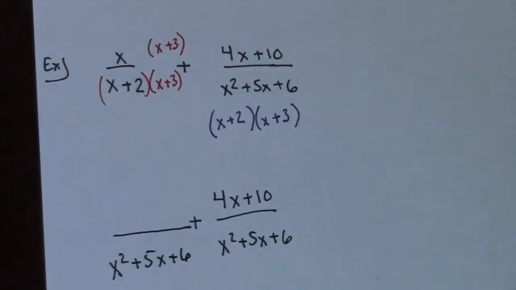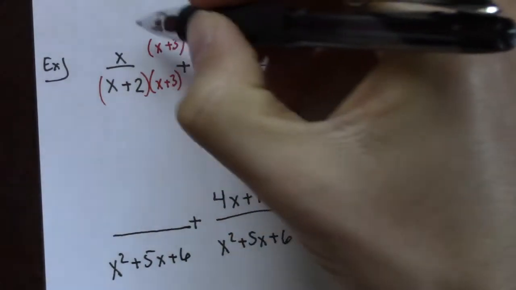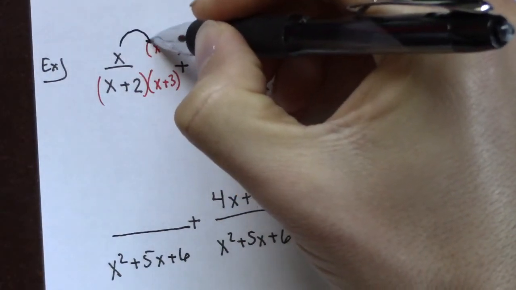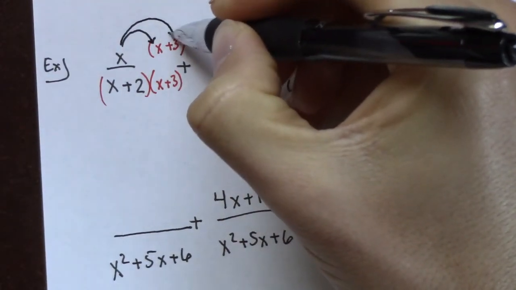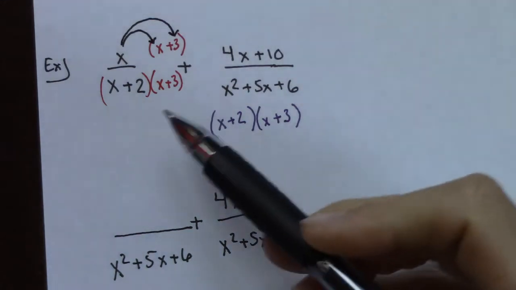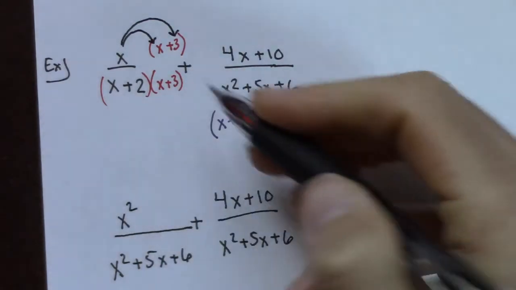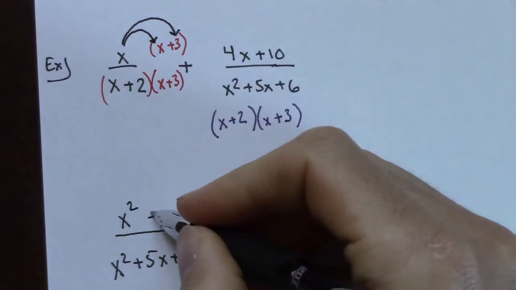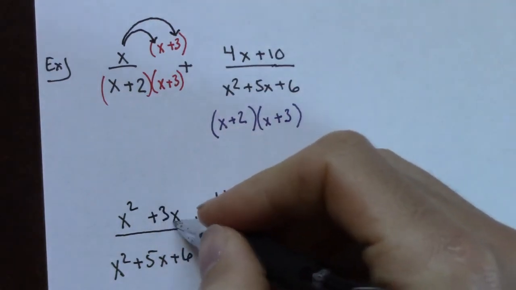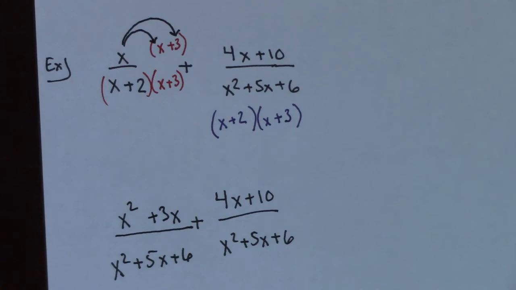Where I need to be careful is with my numerator, because this x is now going to each piece inside of my parentheses. So now I've got x times x is an x squared, and x times 3 will be a plus 3x. Now I'm going to combine the previous two activities. I can add my fractions together because they have a common denominator, and when I do that, I simply need to combine like terms on the numerator.